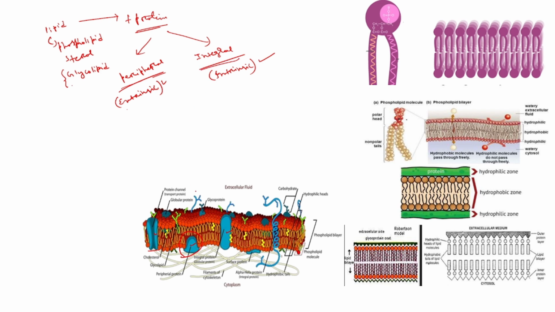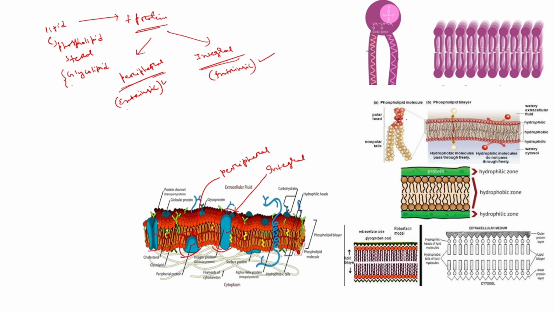So what is the integral? That means it must have gone to the core of the plasma membrane. So look at the structure. It is already buried in the core of the plasma membrane. That's why it is the integral or the intrinsic protein, and this is called the peripheral or extrinsic protein.